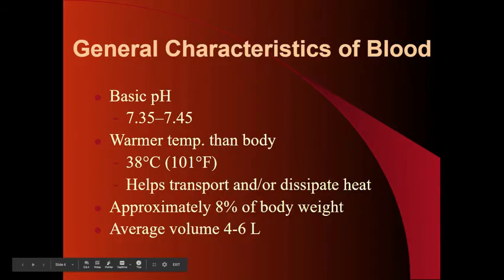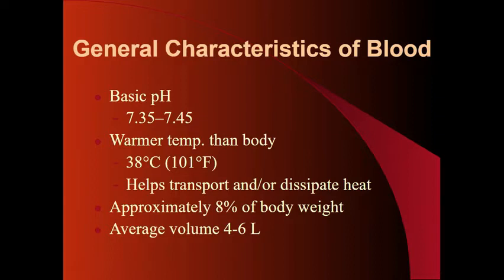Some additional characteristics of blood. It is generally basic with a pH of 7.35 to about 7.45. It is much warmer than typical body temperature. Typical body temperature is 37 degrees Celsius or 98.6 degrees Fahrenheit.